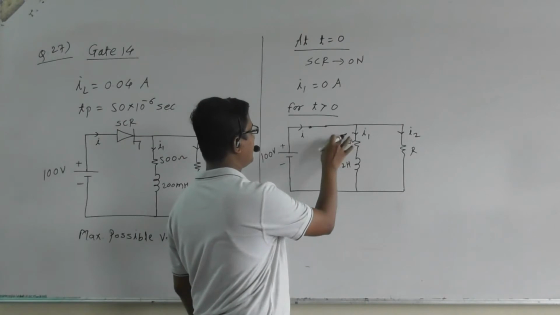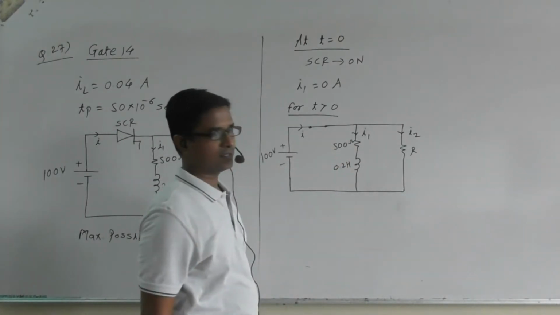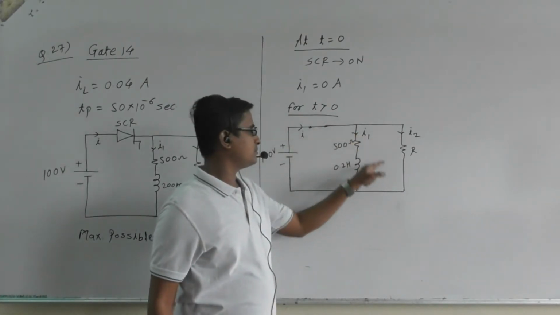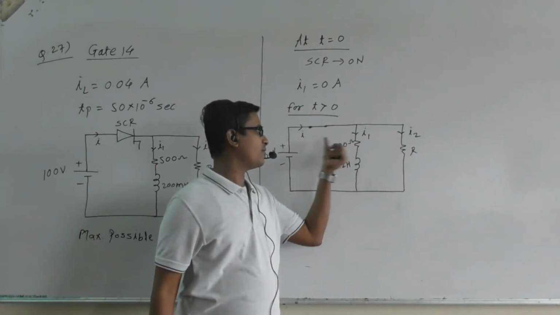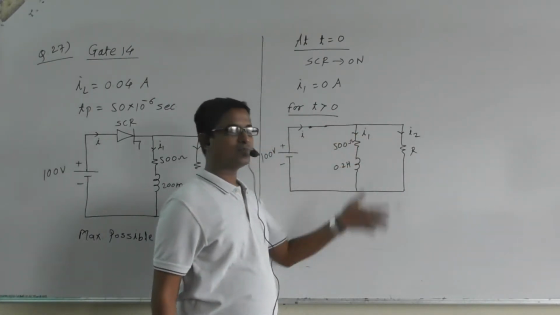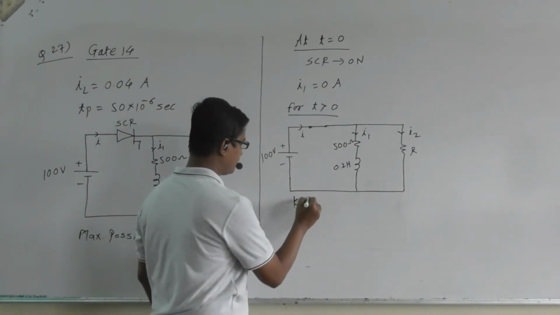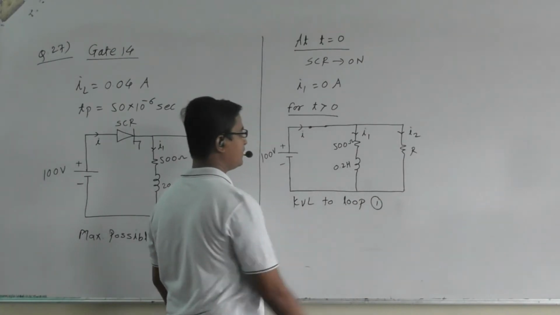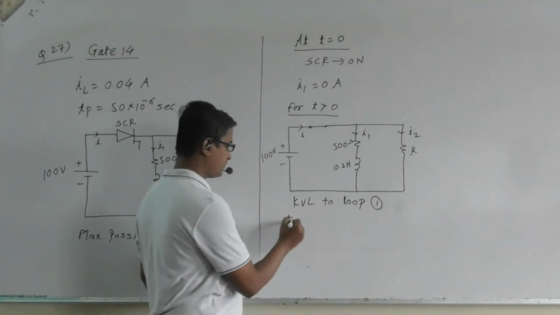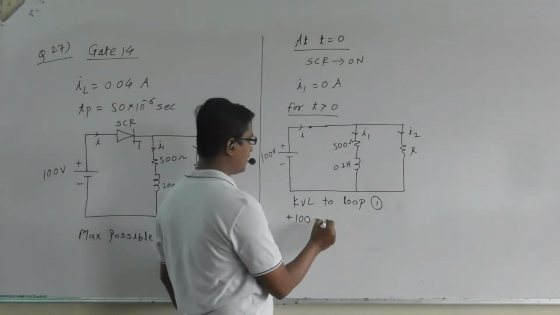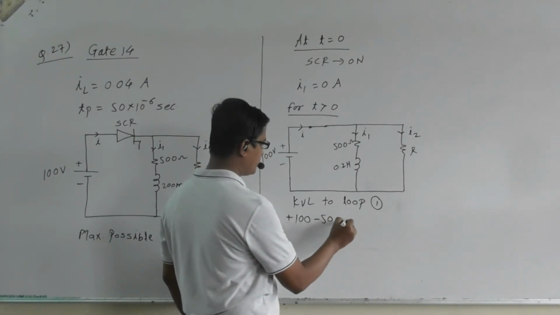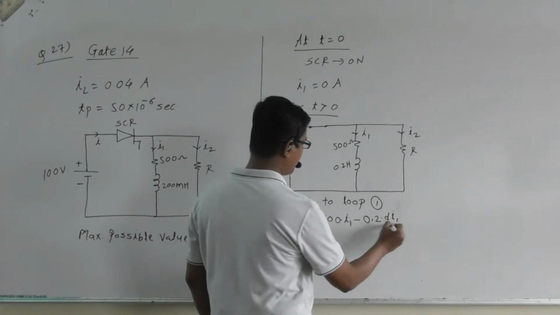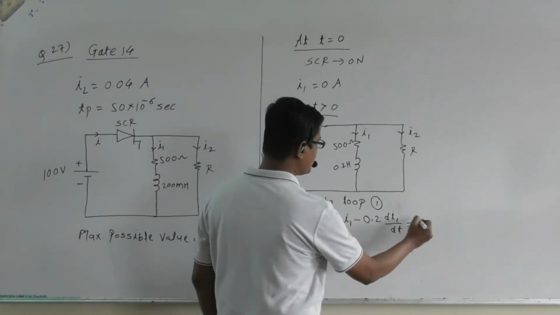So can we apply KVL to loop 1? KVL to loop 1. Yes, it is plus 100 minus 500 into I1 minus 0.2 into di1 by dt is equal to 0, right?